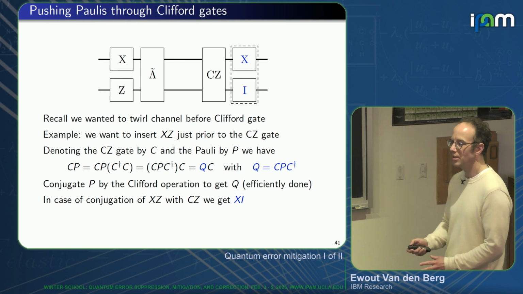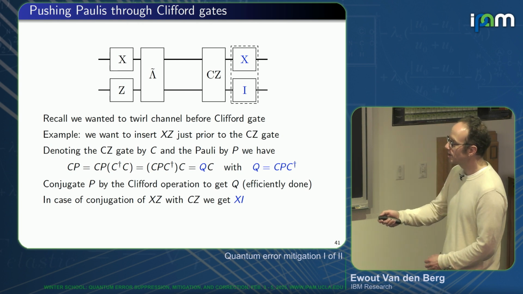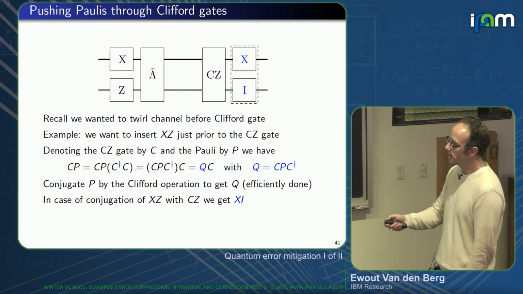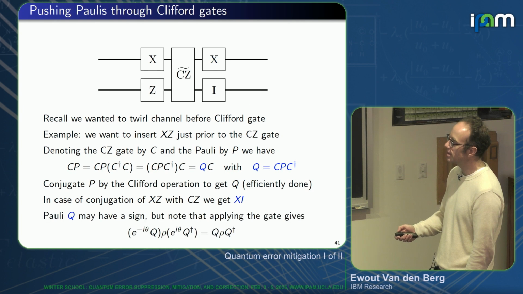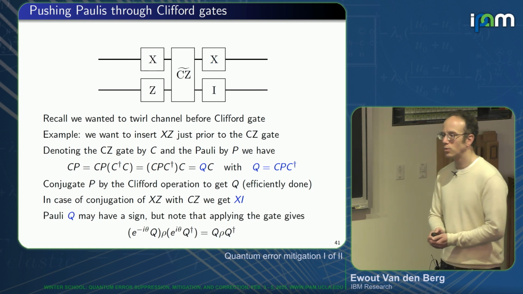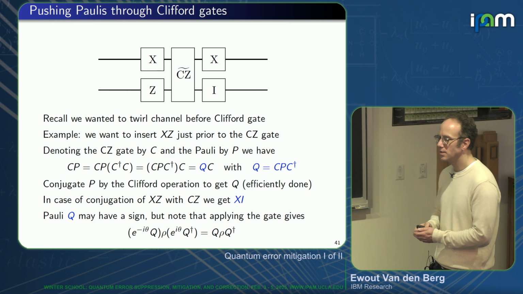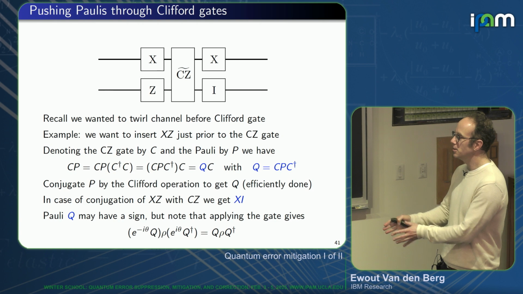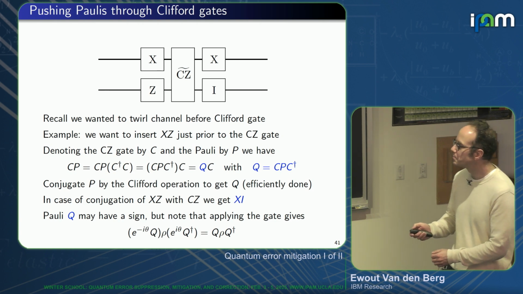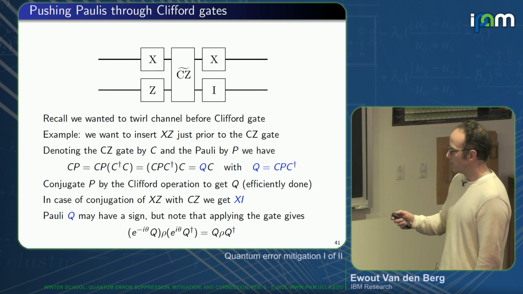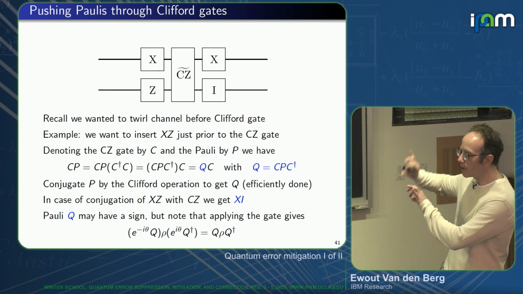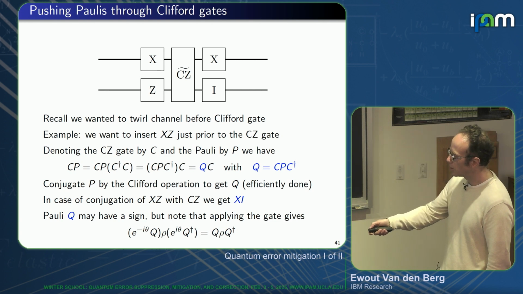It won't be the same Pauli anymore, necessarily, but you can implement this. You just apply an XI gate here. This is now just our noisy gate, right? And that's how we can do twirling in the context of gates. So that means that we can then really say we have a Pauli noise channel and our ideal Clifford gate. Now, again, this Pauli Q may have a different sign, just let's say a phase factor here, but because you apply with the conjugate as well, those two terms will just cancel.